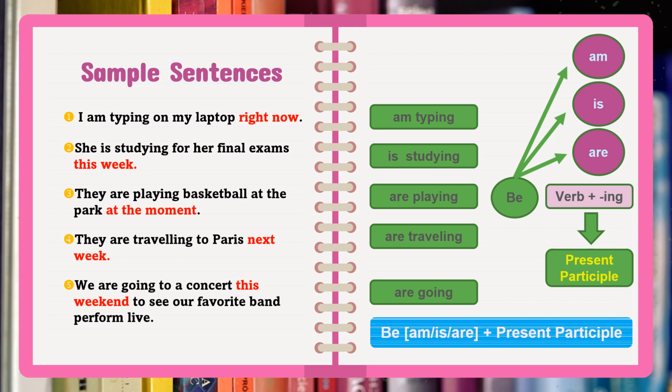Okay? Now, how do you form the present continuous? So we must have the be in the present. Can you read them? Am, is, and are, plus the present participle. And what's a present participle? It's a verb plus ing. Very good. Okay, great. Thank you.